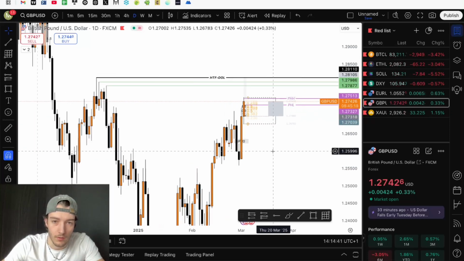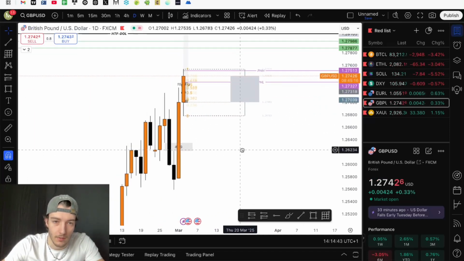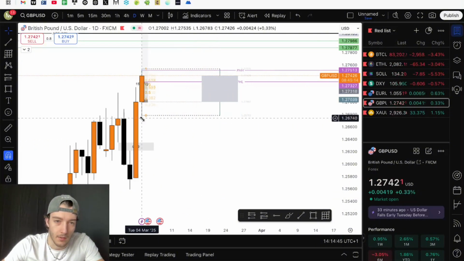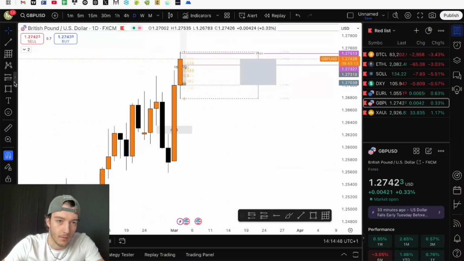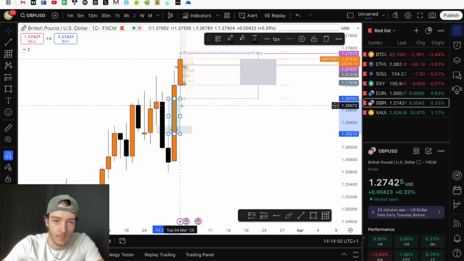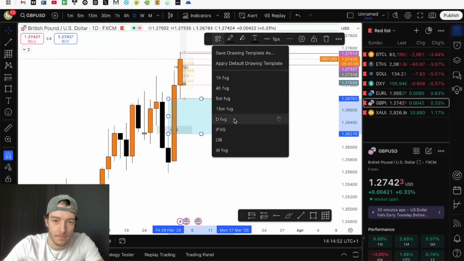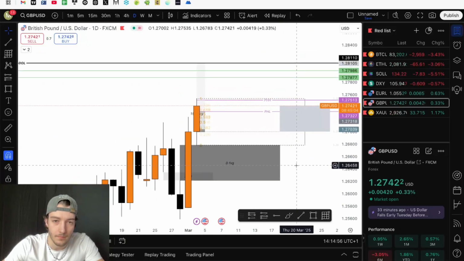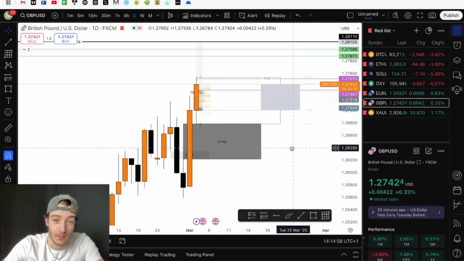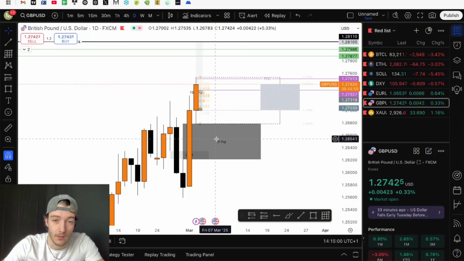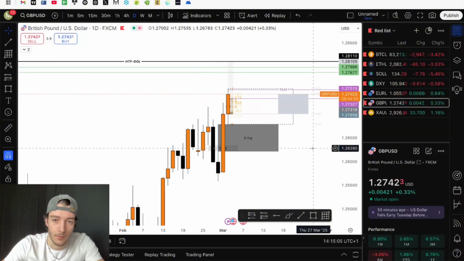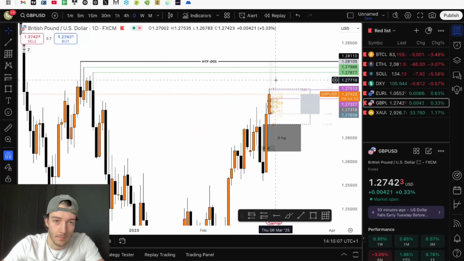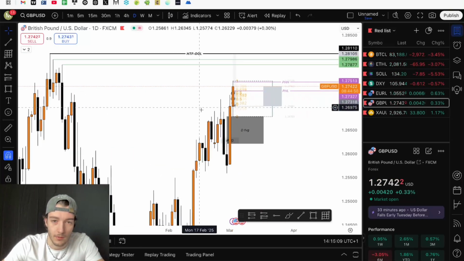I'm just not sure whether it's gonna happen today or later this week, because coming back into this fair gap could easily happen into this daily here tomorrow. So it could also be the case that today we just walk around, then we come back into this daily tomorrow, and then move higher for the rest of the week, targeting these high time frame draw liquidity here.